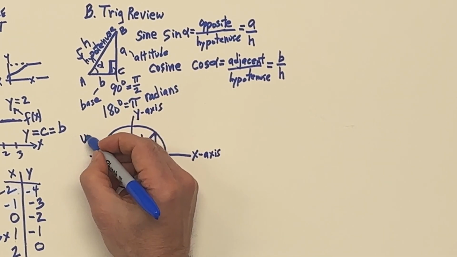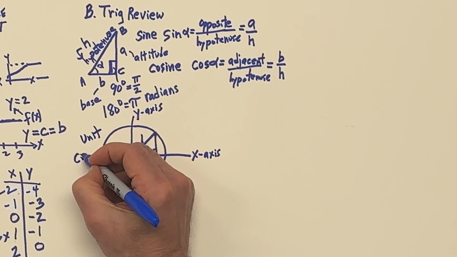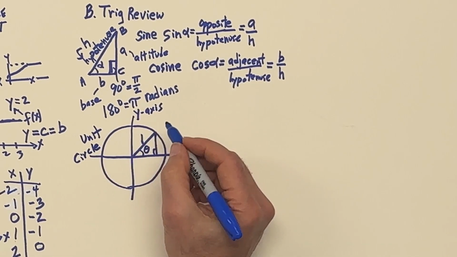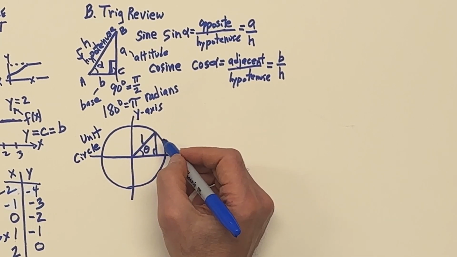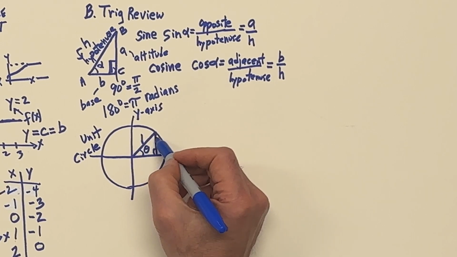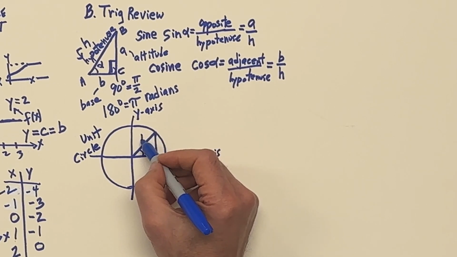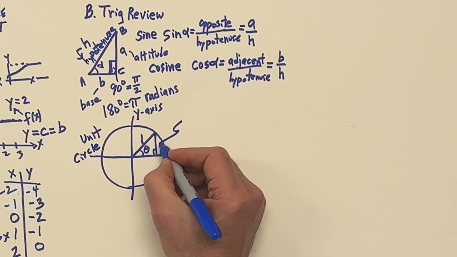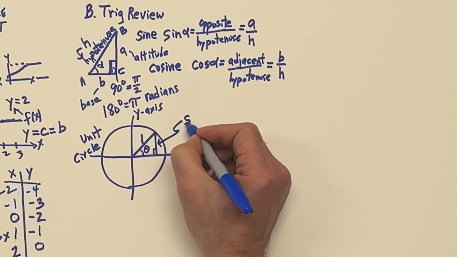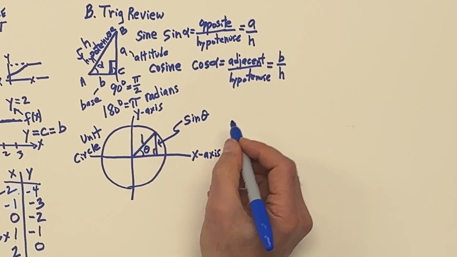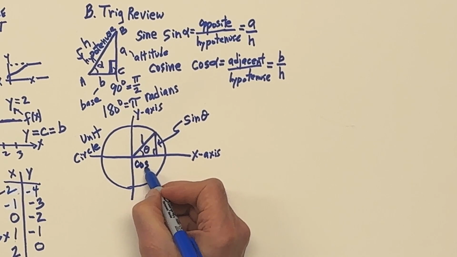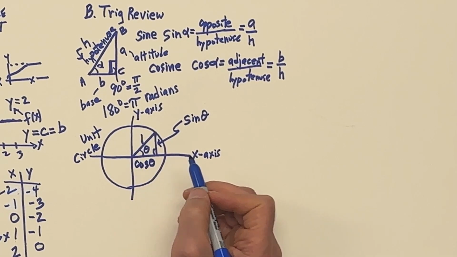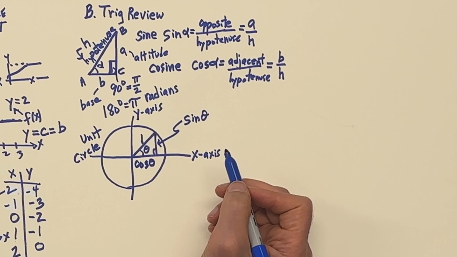And this is also called then the unit circle. Very important in trigonometry to have a circle with length 1. Then our definition of opposite over the hypotenuse, which is 1, that would be this side here. That is the sine of theta. And the adjacent one is this one down here, which is the cosine of theta.